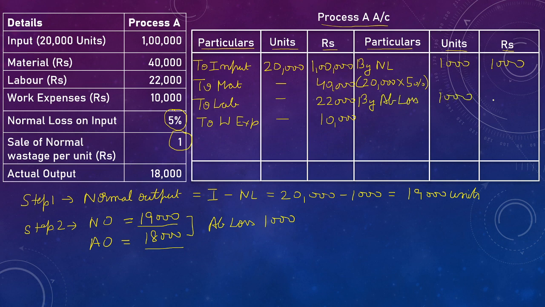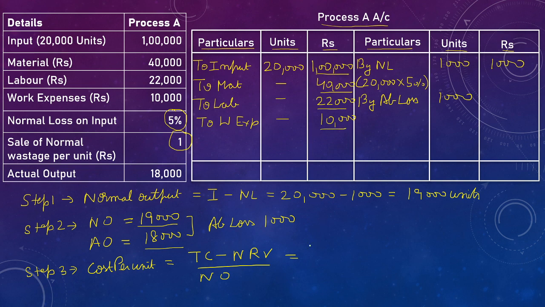Now in the amount column we first have to calculate cost per unit. For this, in step number 3, the formula to calculate cost per unit is total cost minus net realizable value divided by normal output. Here the total cost is the debit side total, which comprises input, secondary material, labor, and work expenses.